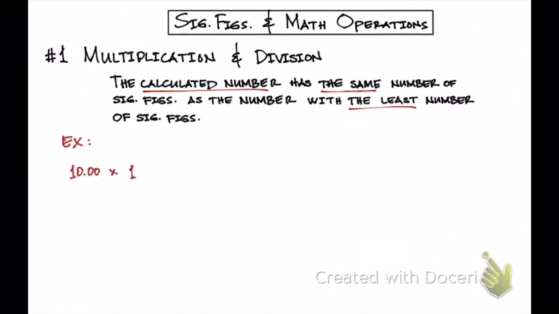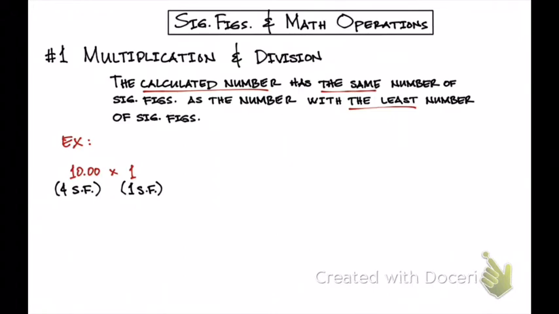Let's say 10.00 times 1. We know that the answer is 10, but you have to report this with the proper number of significant digits. So we're going to compare the two numbers, right? The first number here, 10.00, has 4 significant figures. You have 3 trailing zeros, and there's a decimal point. So a total of 4 sig figs. The second number, 1, only has 1 sig fig.